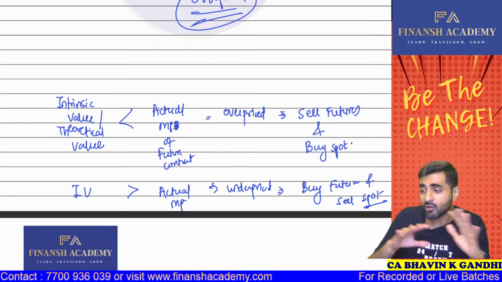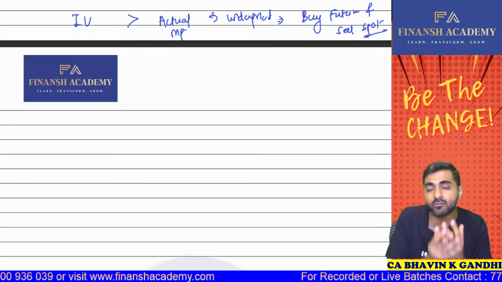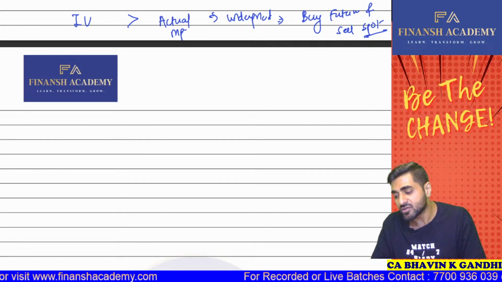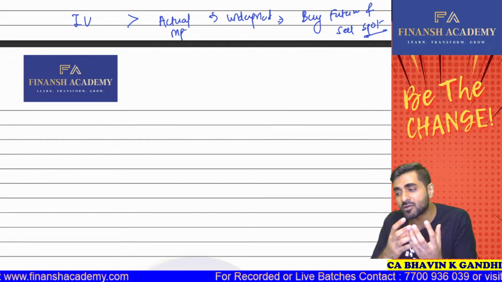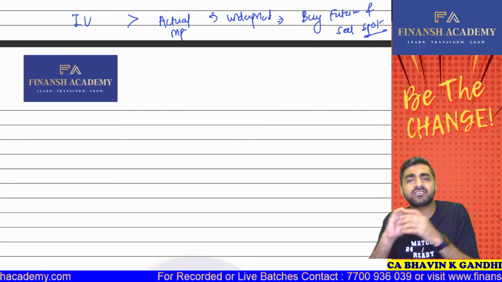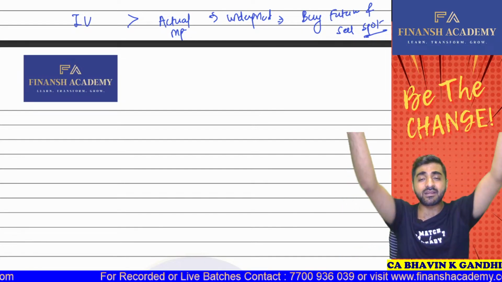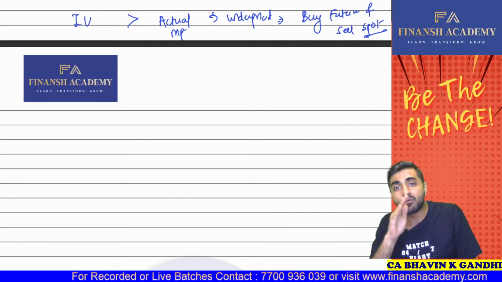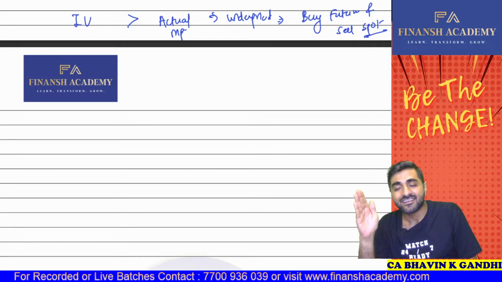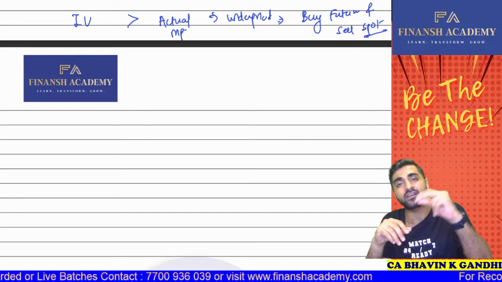Okay. So first of all, let us understand some steps: what we need to do at day zero and what we need to do at expiry. Always remember that this process is done by an arbitrageur. Who is an arbitrageur? An arbitrageur is the person who exploits market conditions. Whenever an arbitrageur sees that the future price of a particular contract is greater than the theoretical value, he will exploit this market condition.